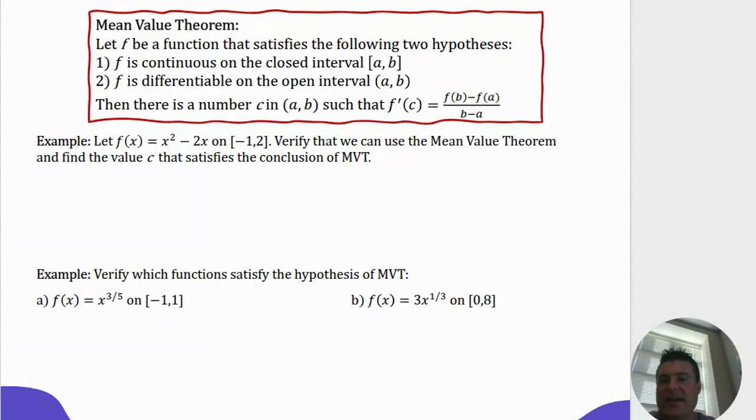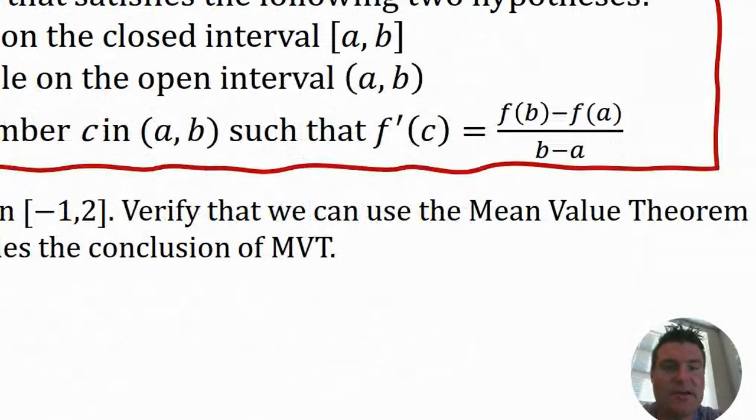Up here, we're going to talk about the actual mean value theorem, and this only has two parts to the hypotheses. As long as f is continuous on the closed interval and differentiable inside, that's important to know, then there is some number c such that the derivative of f is equal to the slope of the secant. So really what this means, if I can translate this for you, I'm going to zoom in.